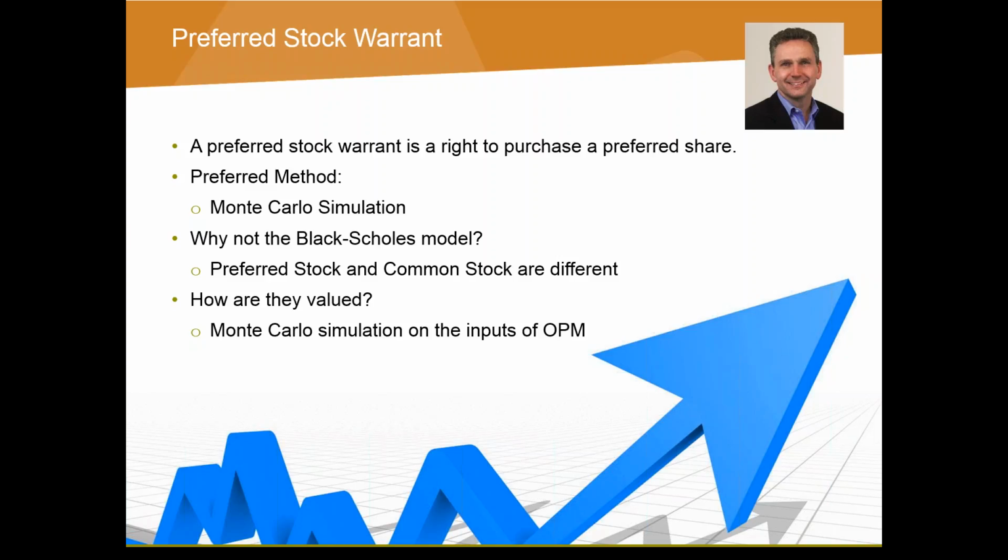So somewhat more complex, and like I said, in reality, I would say most companies that are not an SEC registrant, that have preferred stock and that have to value warrants, usually use Black-Scholes. I think it's a question of complexity, and it's a question of burden and materiality.